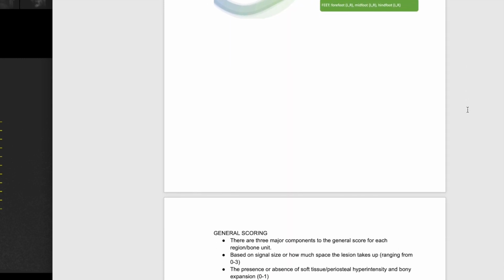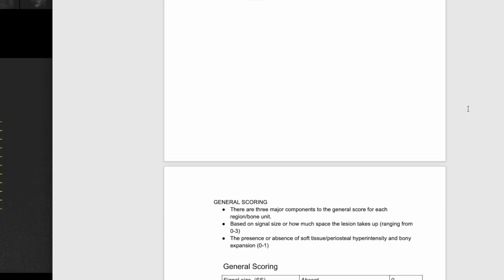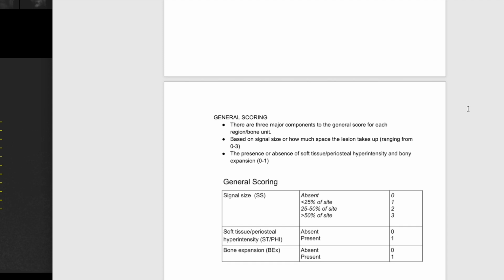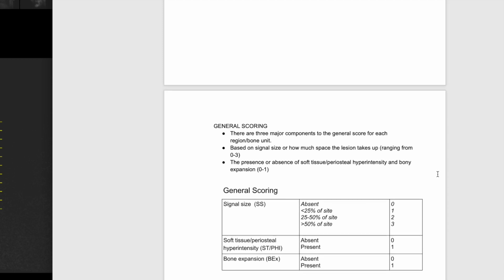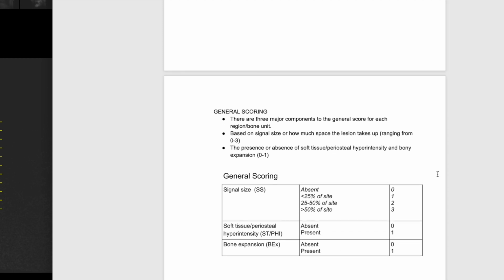For each lesion, we try to give 3 major components for scoring. These general components are signal size, and that's usually between absent, less than 25%, 25 to 50%, and greater than 50%; absence or presence of soft tissue or periosteal hyperintensity; and presence or absence of bony expansion.